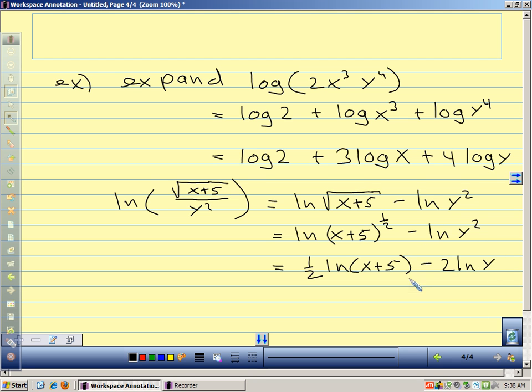So I brought those exponents down. And our hint here, I'll write this in red, we need to remember that square root of x is the same as x to the 1/2. The third root of x is the same as x to the 1/3. So when we have roots, it's exponents as fractions. That's what I used here.